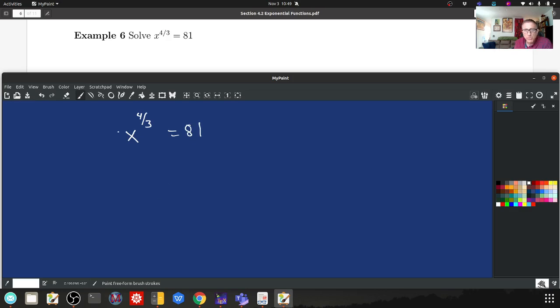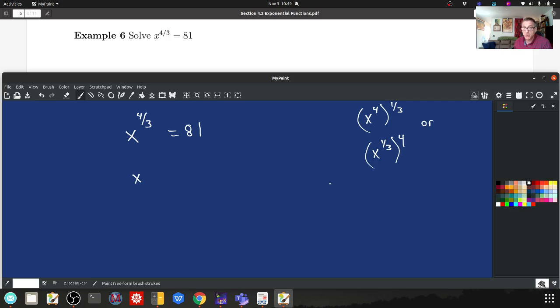So how are we going to rewrite x to the 4/3? Well, we have two options. That's the same thing as x to the 4th raised to the 1/3, or we have another option, x to the 1/3 raised to the 4th.